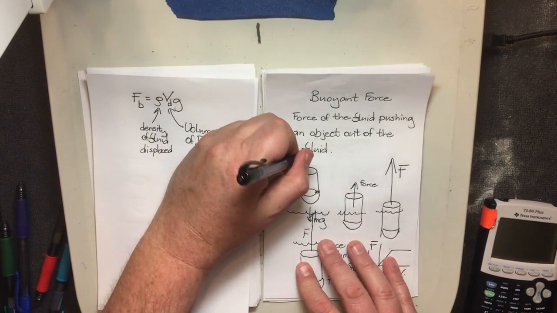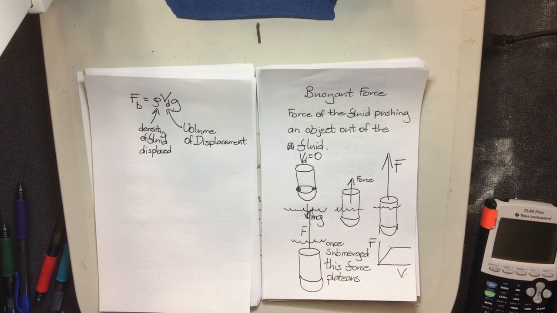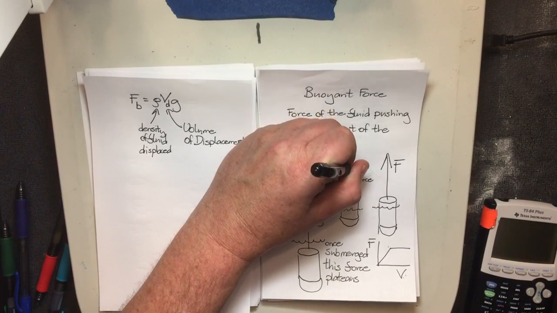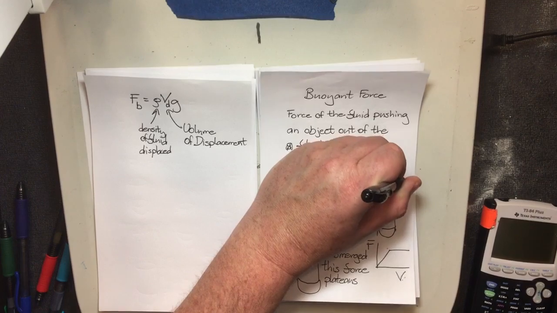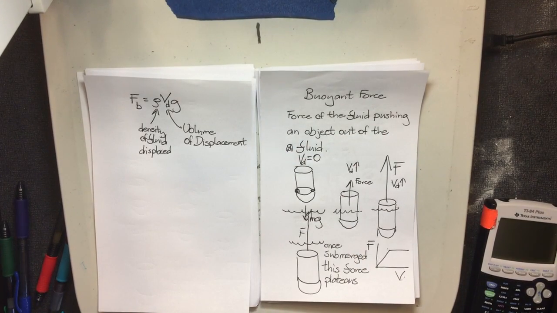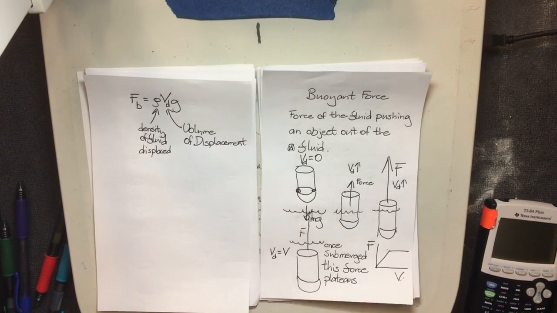Here, the volume of displacement is equal to 0. So if the volume of displacement is equal to 0, then the buoyant force is equal to 0. Here, the volume of displacement increases. And here, the volume of displacement is equal to the total volume.